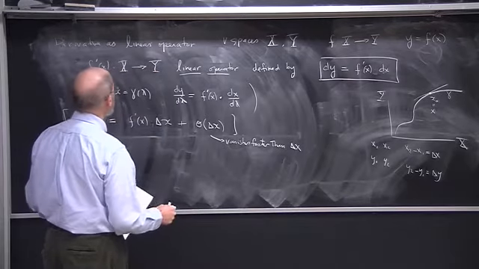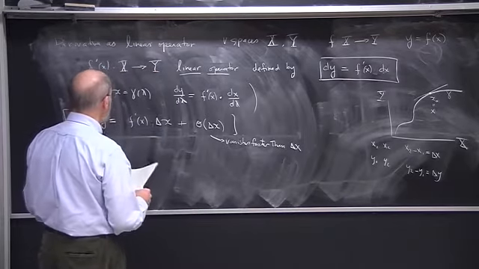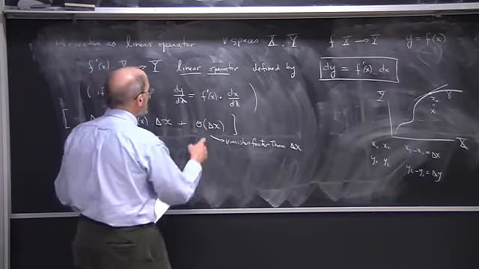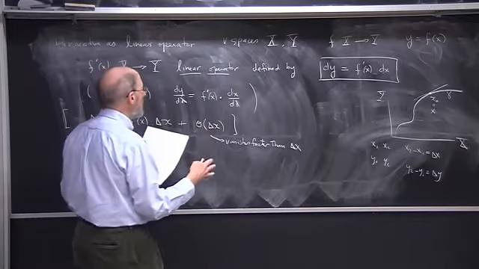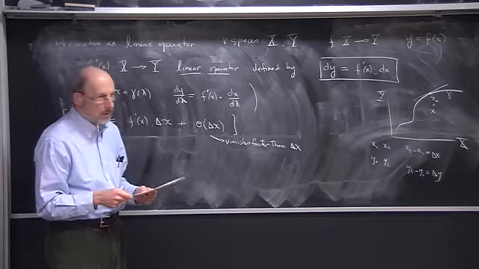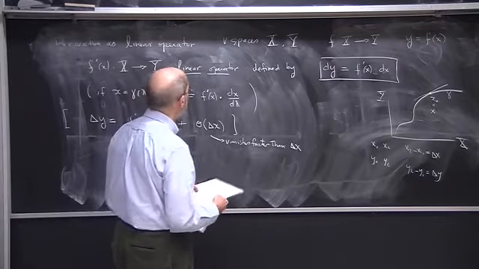The reason I'm not making it precise is that you need to put some measure of size on the vector space, and for that, you need to introduce what's called a norm. That can be done in many ways.